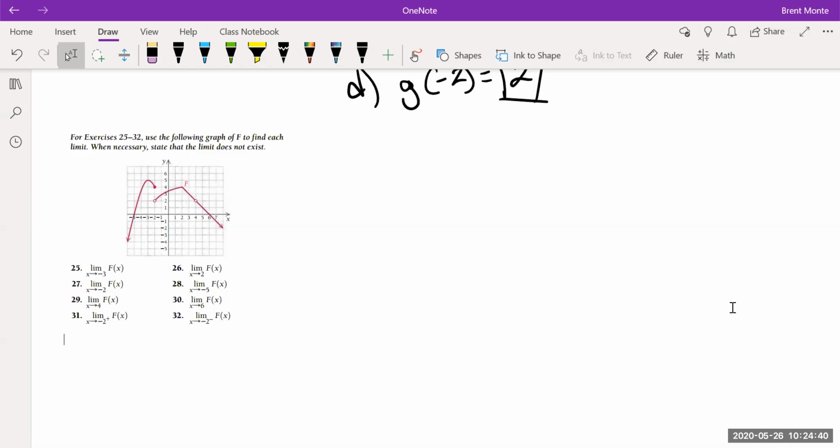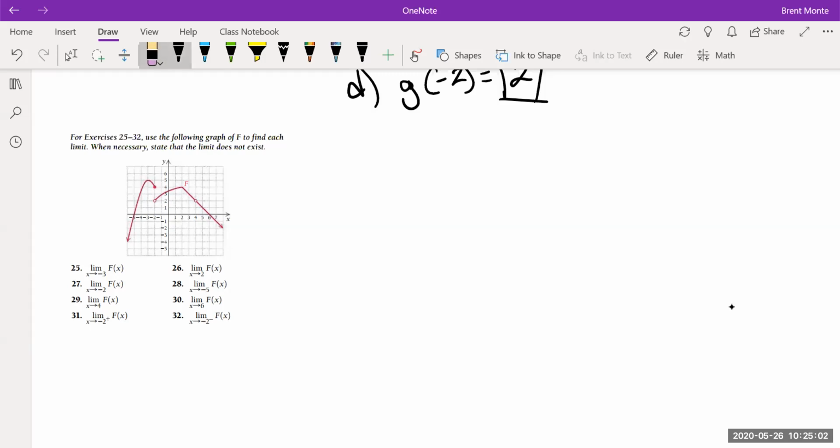So this one gives us a bunch of different things. First off, they say find the limit of f of x as x approaches -3. Well, here's -3. I'm looking at the wrong place. All right, let's try that again.